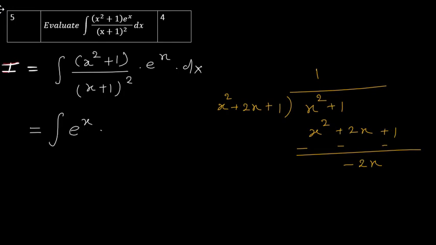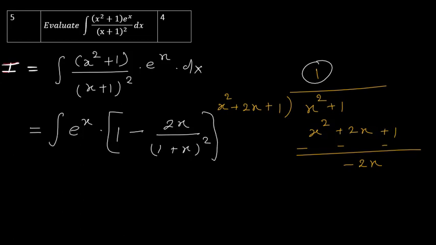So this term x square plus 1 upon x plus 1 the whole square can be written as, our quotient is 1, so I will write 1, then remainder is minus 2x, so 1 minus 2x divided by 1 plus x the whole square into dx.